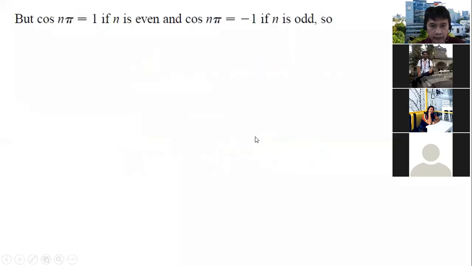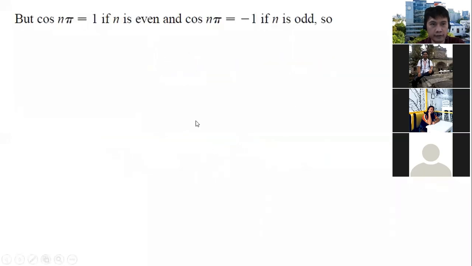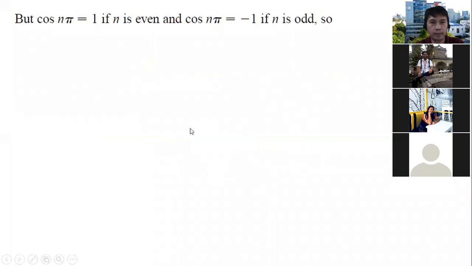Now, if you try to evaluate the cosine term, the one with the a sub n value, cosine n pi is equivalent to 1 if n is even, and if n is odd, cosine n pi turns out to be negative 1.